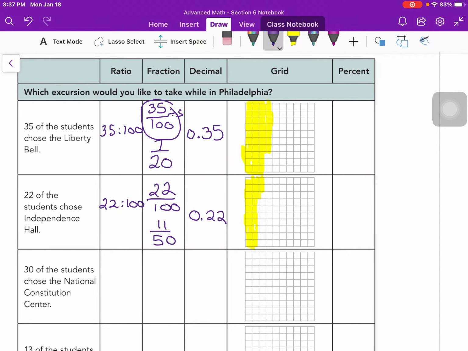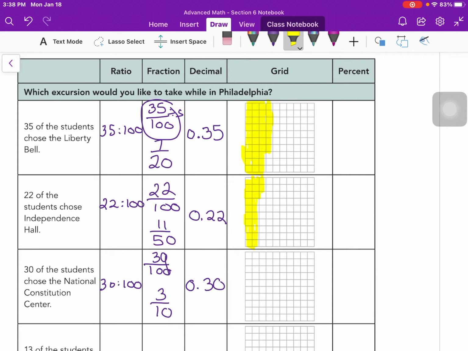Let's see, in the next one, we've got 30 to 100. And 30 over 100 can simplify down to 3 out of 10. I can write 30/100ths, or I can write 3/10ths. Both will work.